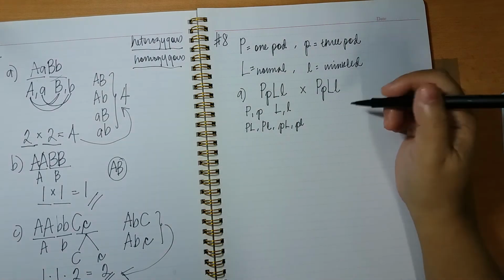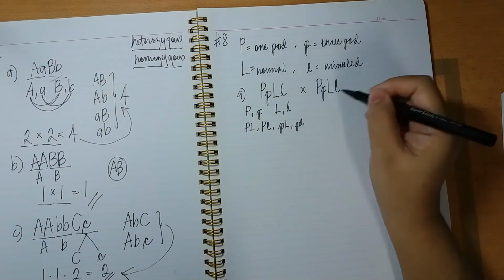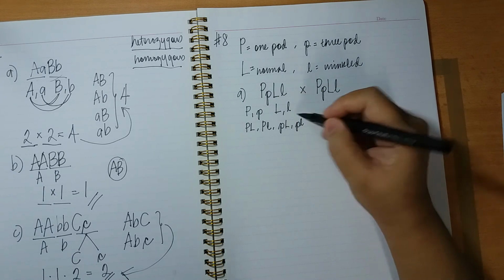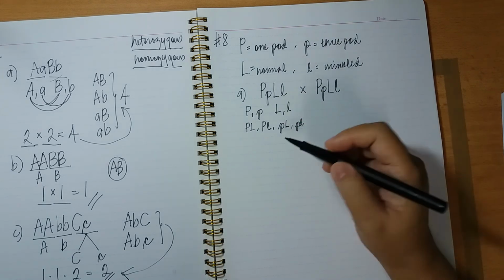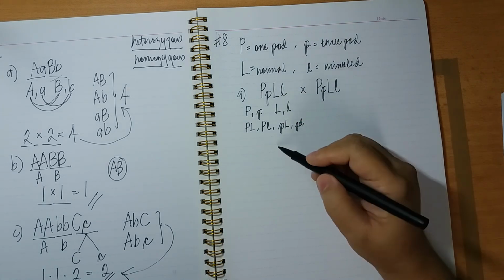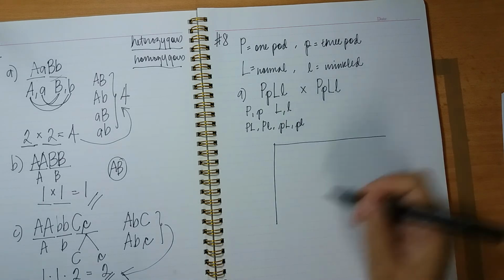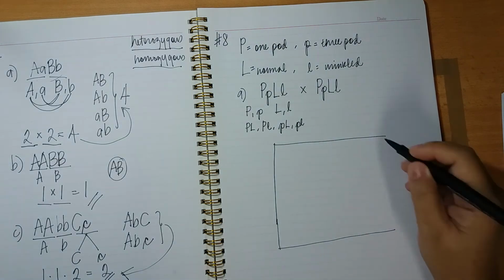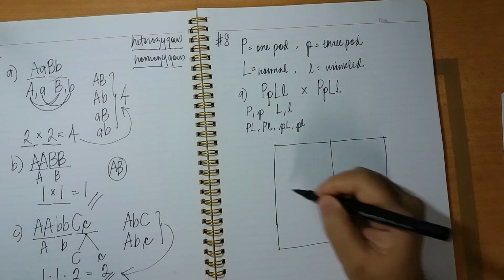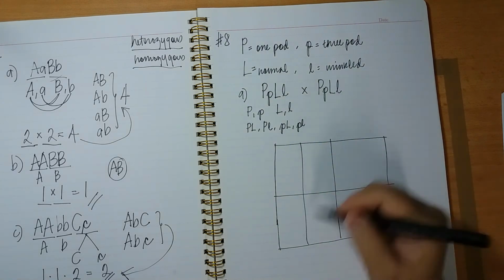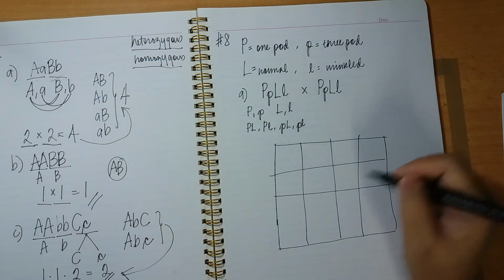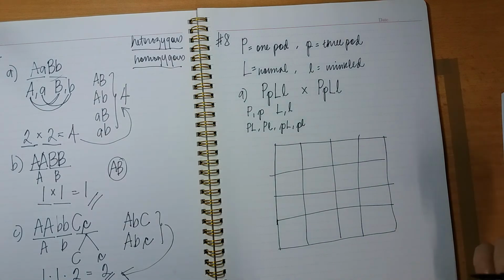So, when we do our Punnett square, it's going to be the same as the one for the other cross, right? Same parents, same gametes. So, when you do a Punnett square with a dihybrid cross, you're going to do a 4x4. Ooh, it's gonna be small.